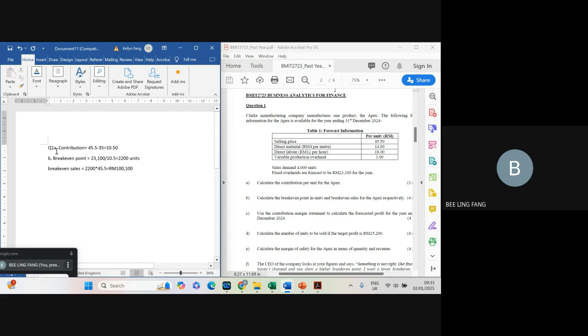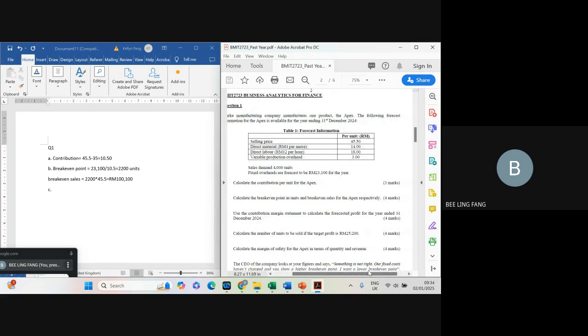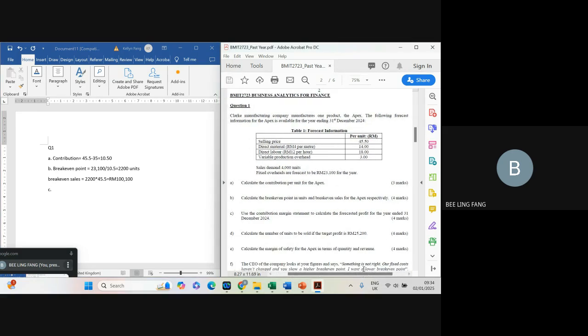Okay, so this is C. Use the contribution margin statement to calculate the forecasted profit for the year ended 31st December 2024. Right. So use the contribution margin.